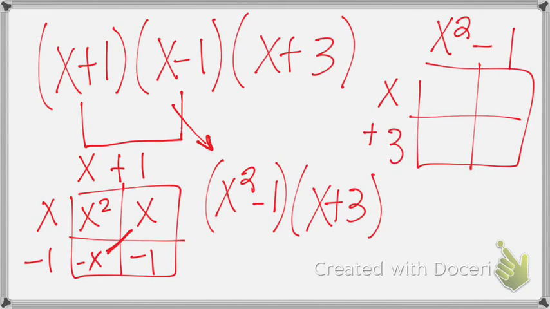So simplify that. What's x squared times x? X cubed. Good. Then let's do x squared times 3. 3x squared. Good. And then x times negative 1 is negative x. Negative 1 times 3 is negative 3.